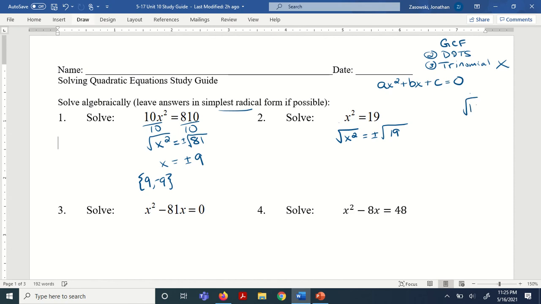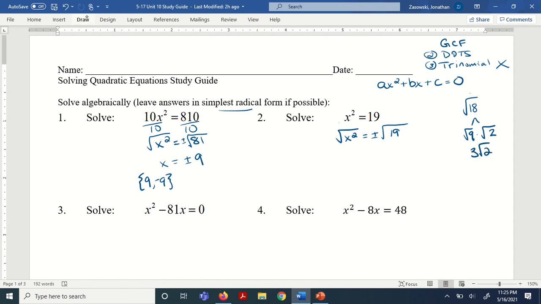Now, had this been the square root of 18, I would want to separate the radical into a perfect square times another number. So 1, 4, 9, 16, 25, any of these are multiples to give you 18. We would say 9 times 2 is 18, and the square root of 9, because 9 is a perfect square, is 3. This would be 3 radical 2.